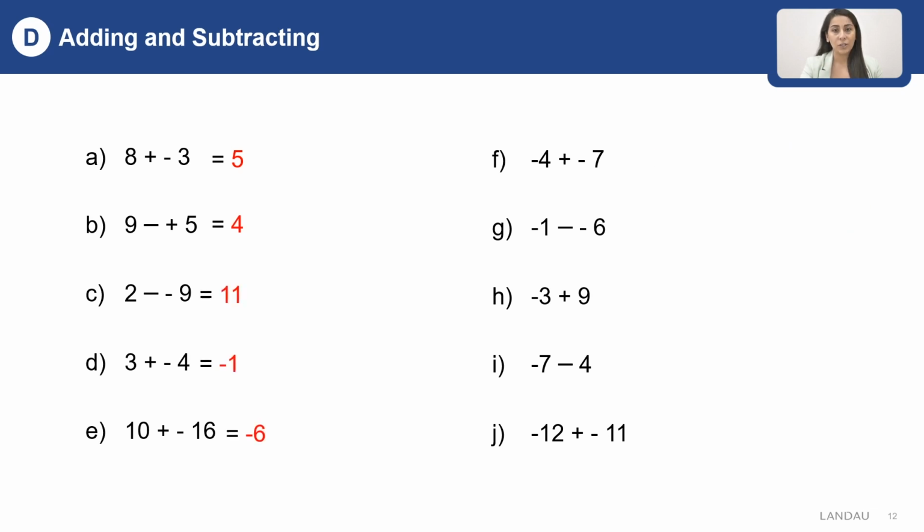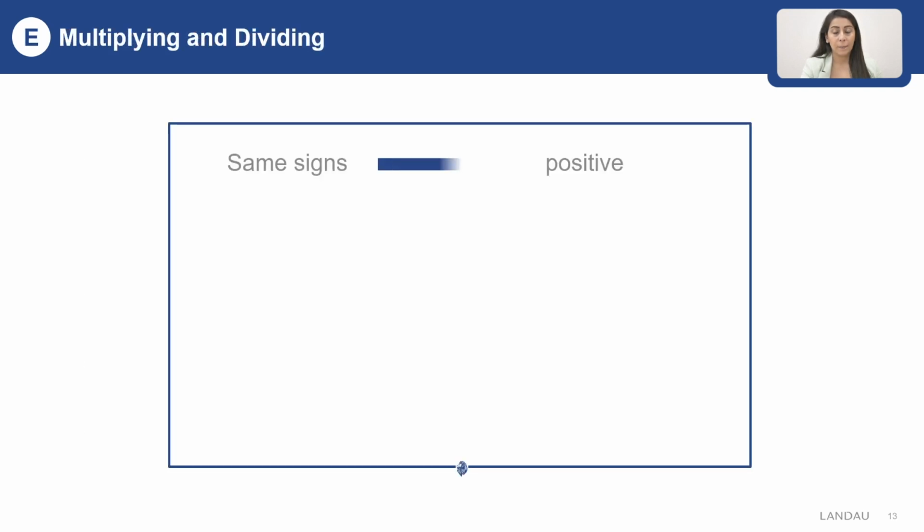If any questions or problems occur, you can always go and refer to the number line to help you solve the problems. For example, 5 multiplied by 6 is going to be positive 30 because the signs are the same. Negative 5 multiplied by negative 6 is equal to positive 30 because the signs are the same.